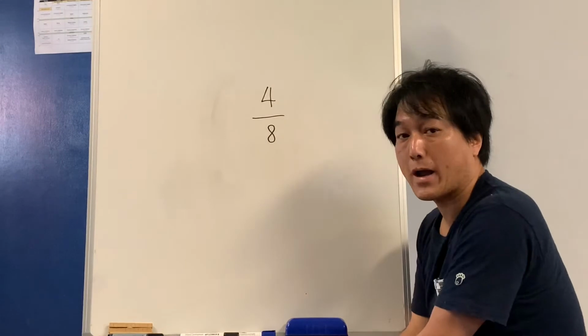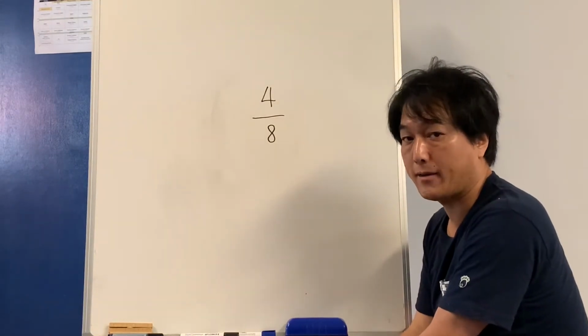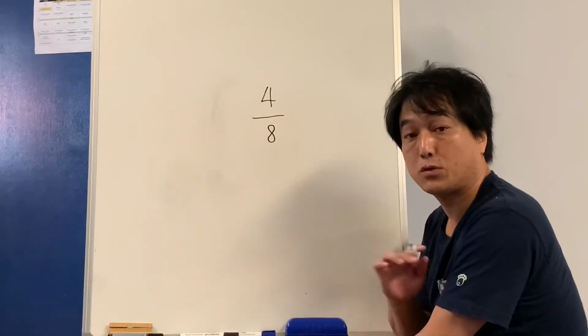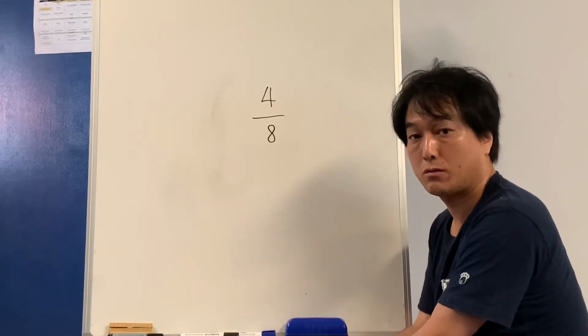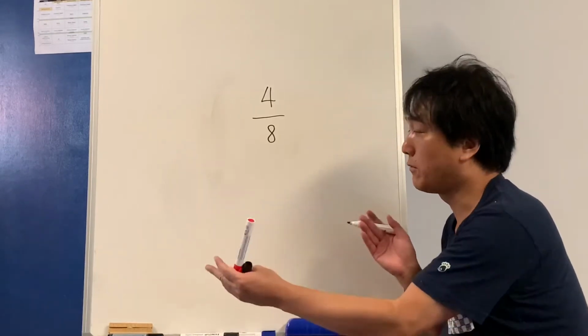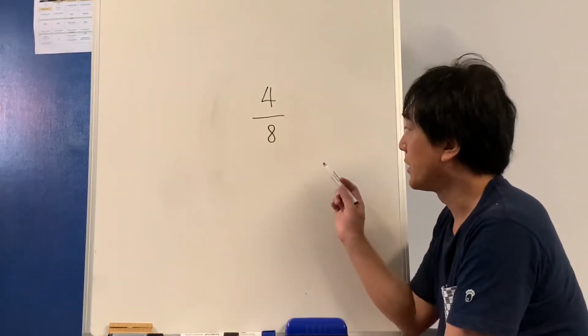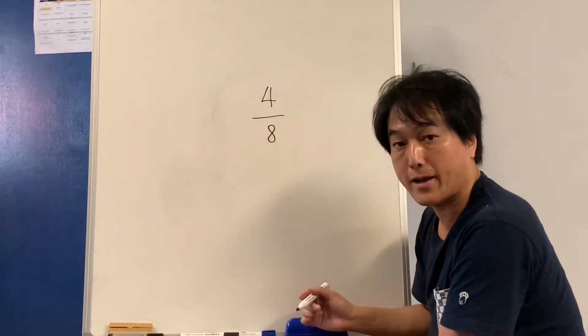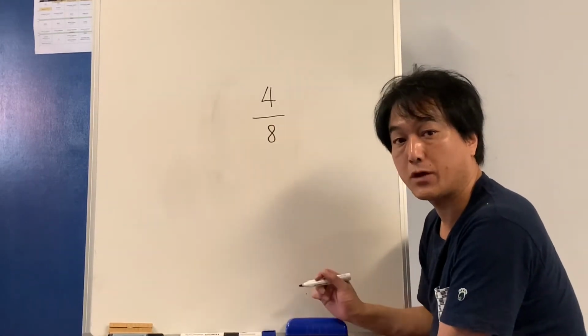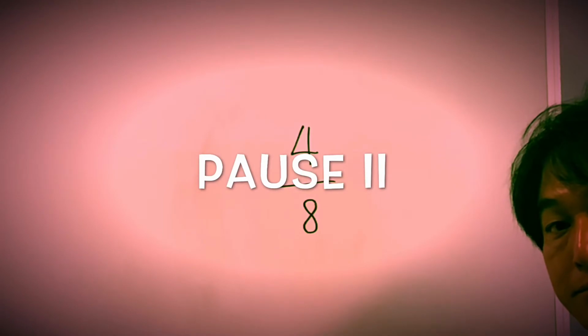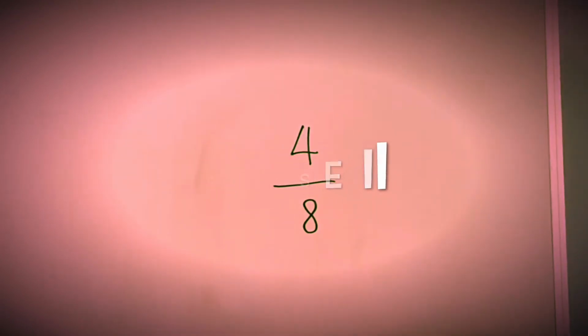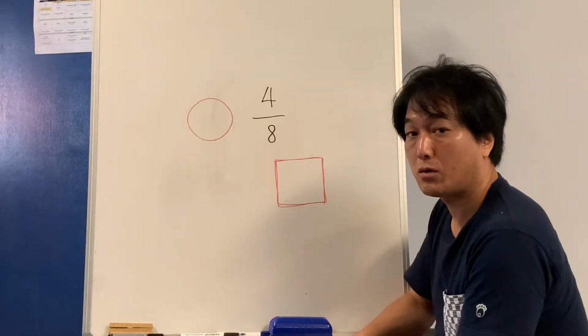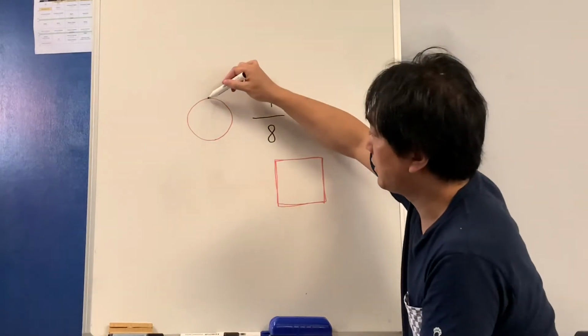What about 4/8? Let's pause the video. Can you draw the model? You can do a bar model, you can do a circle model. Let's draw 4/8. Let's pause the video. So, is this what you did?